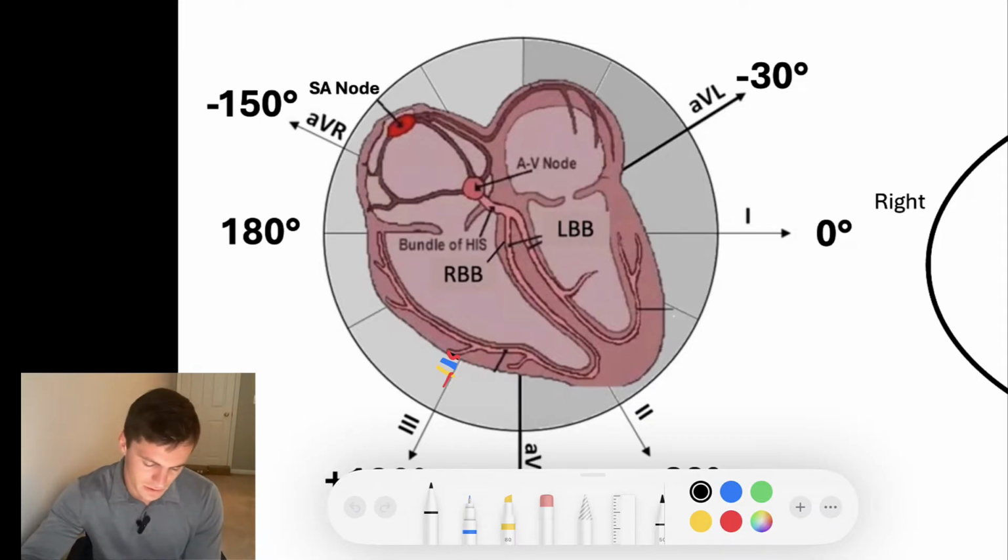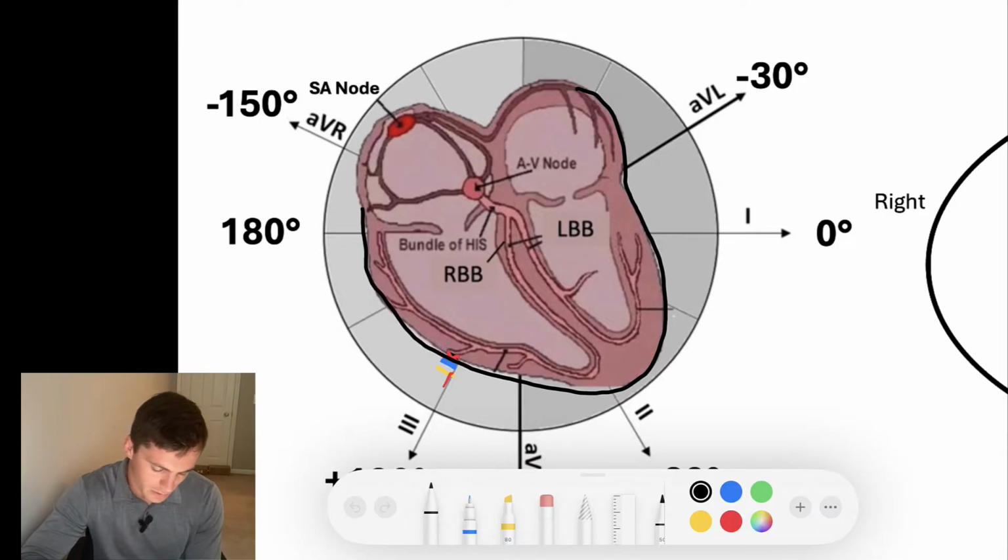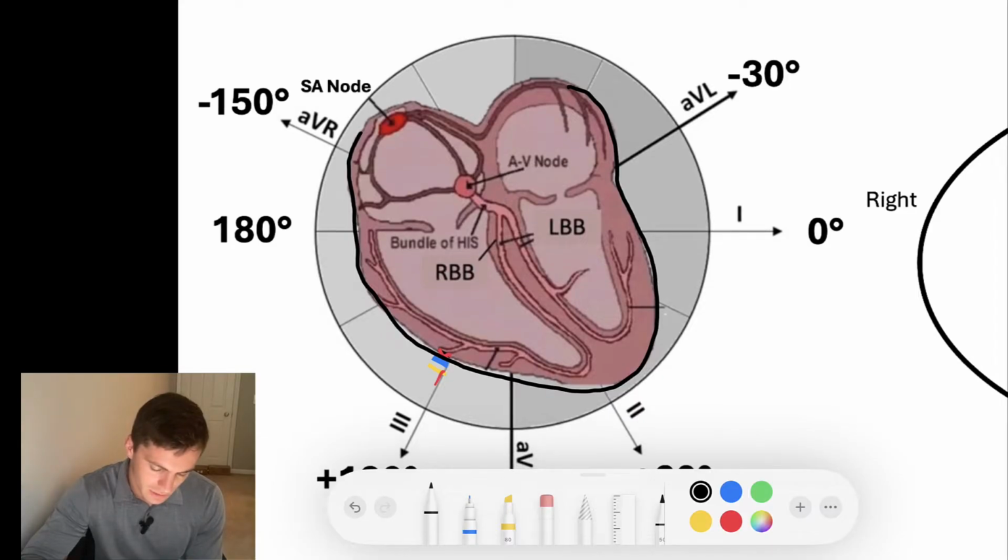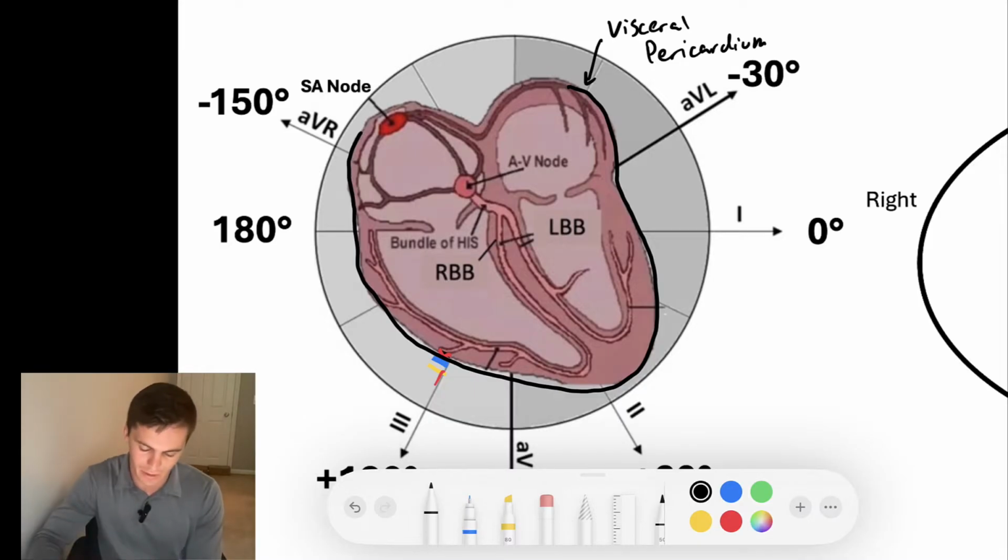So the pericardium is a two-layered set of connective tissues. It's got this visceral pericardium, visceral just meaning it's hugging the organ, right? So this is in black. We're going to call this the visceral pericardium. Some people call this the serous pericardium.